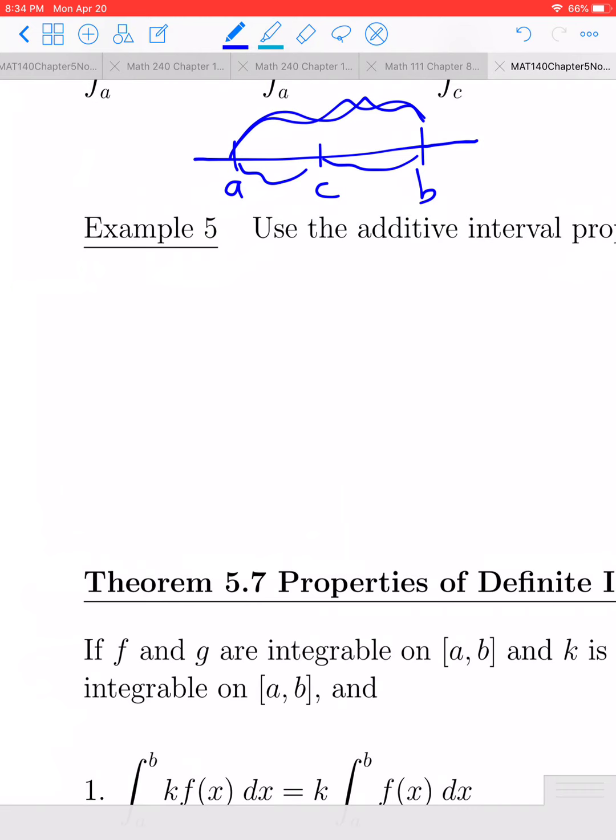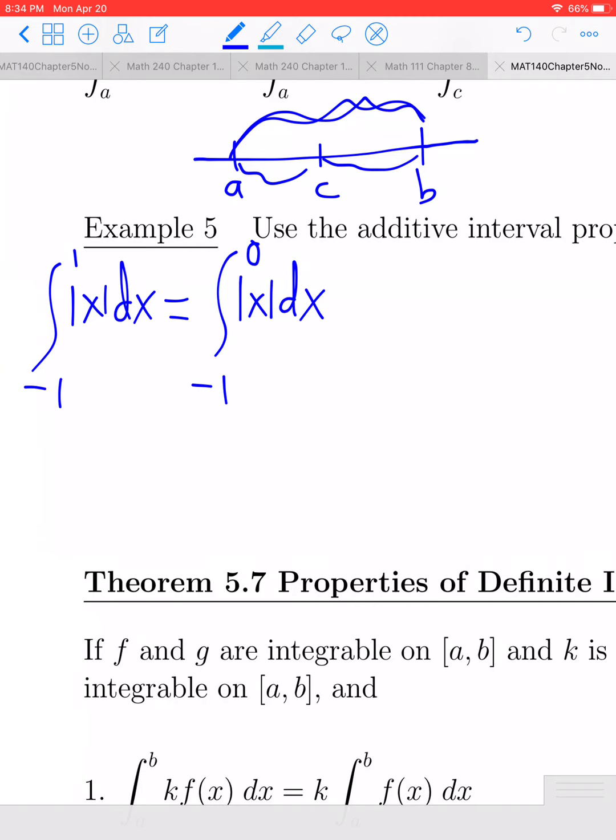So we can write it like this: the integral from -1 to 1 of the absolute value of x dx is equal to the definite integral from -1 to 0 of the absolute value of x dx, plus the integral from 0 to 1 of the absolute value of x dx.